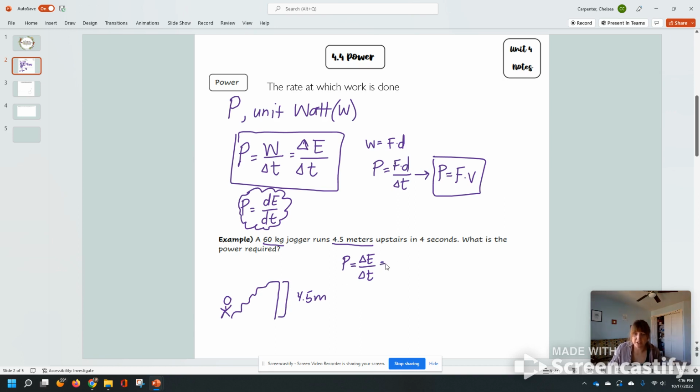So my change in energy is going to be my change in potential energy over change in time. So that's going to be mass times g times my change in height over change in time. So let's plug in what we know. We know that the mass is 60 kilograms, g is 9.8, and we're changing our height of 4.5 meters over 4 seconds. So the power required is 660 watts.